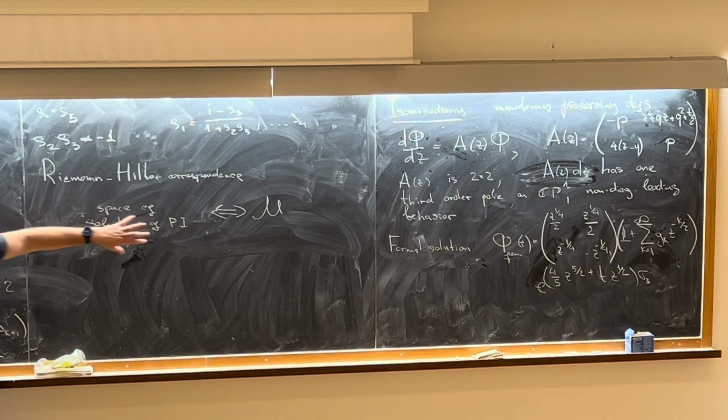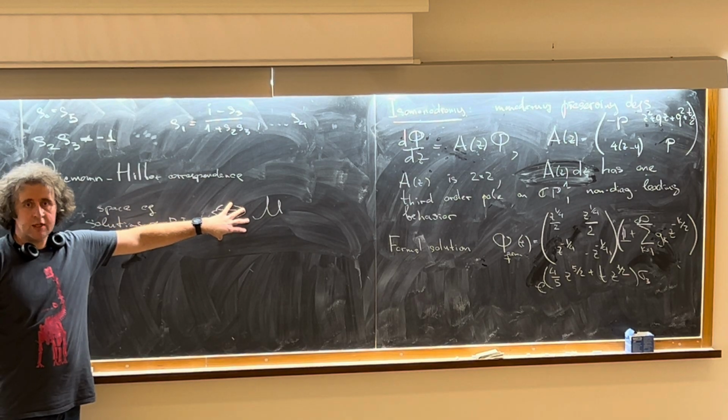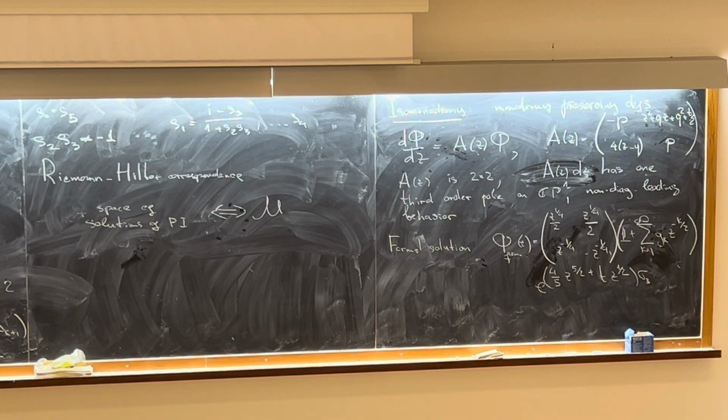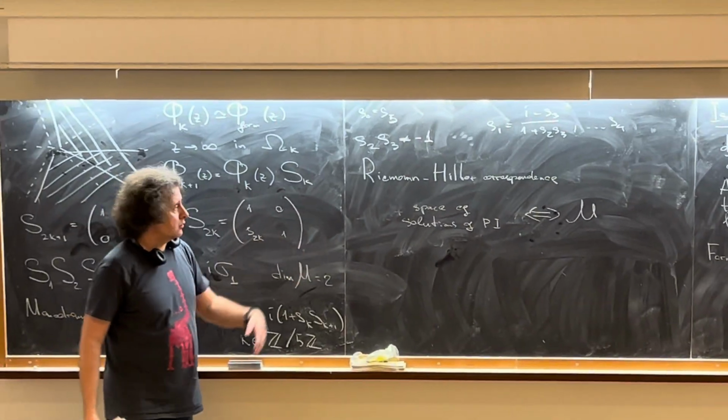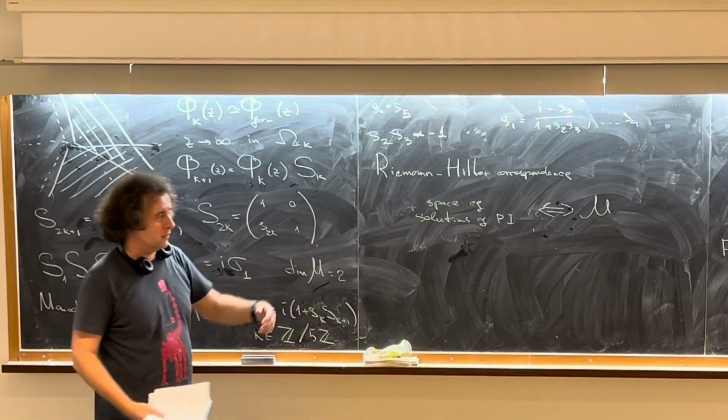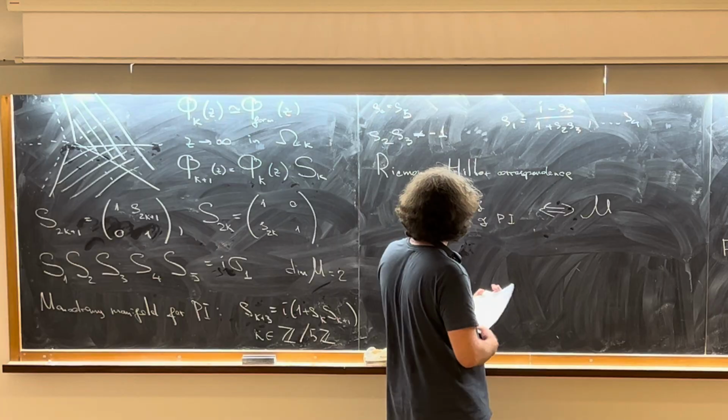So these two things are in bijection. To any point in the space of monodromy data corresponds a solution of Painlevé 1 and vice versa. This is very easy to prove.